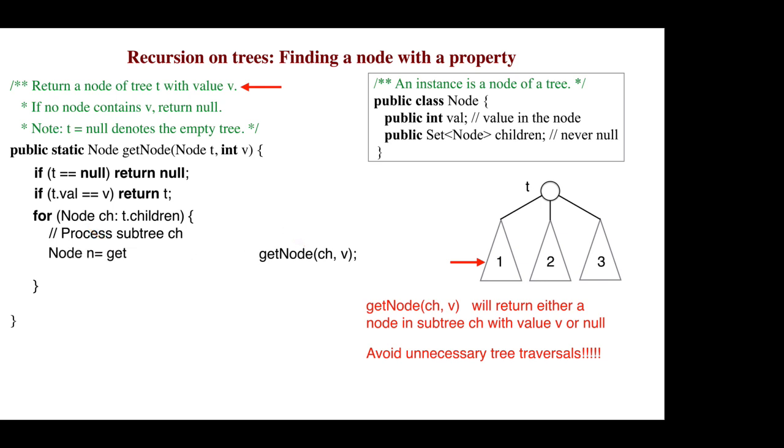First, assign getNode(ch, v) to a new local variable n. Then, if n is not null, return n. Finally, if no child contains a node with value v, the loop terminates normally. Therefore, after the loop, null must be returned.